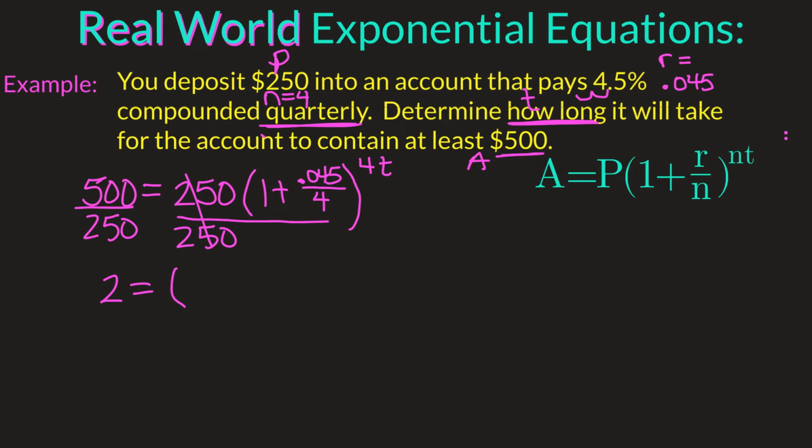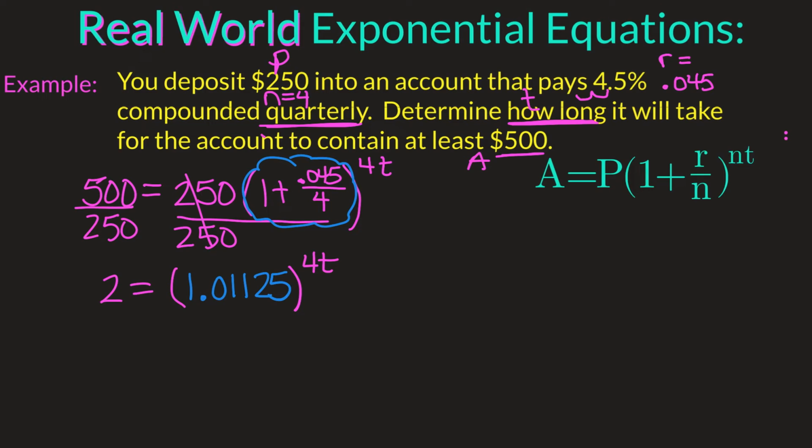And then now let's go ahead and figure out what that 1 plus all of this is. So let's plug that into our calculator. So that comes out to be 1.01125 to the 4t power.